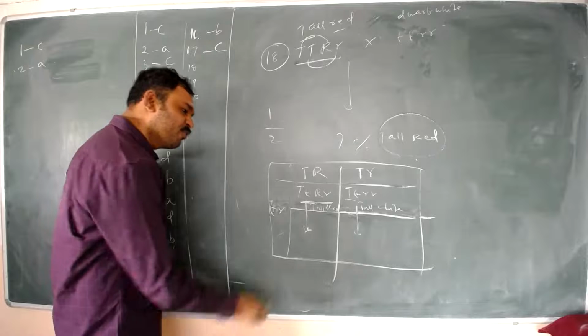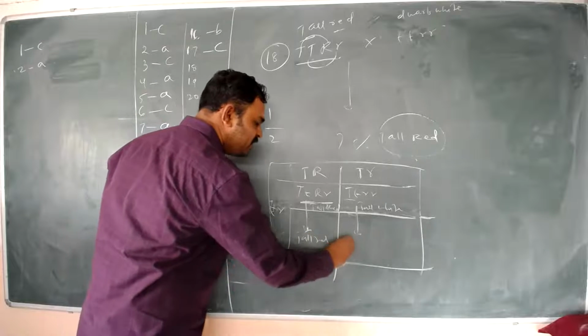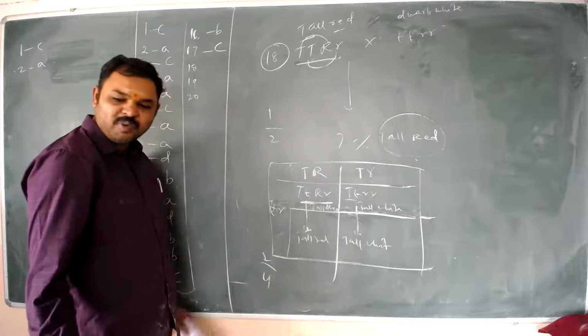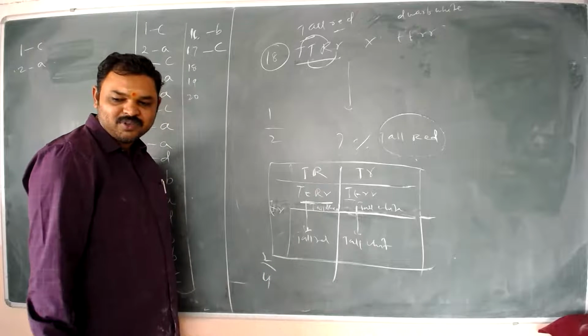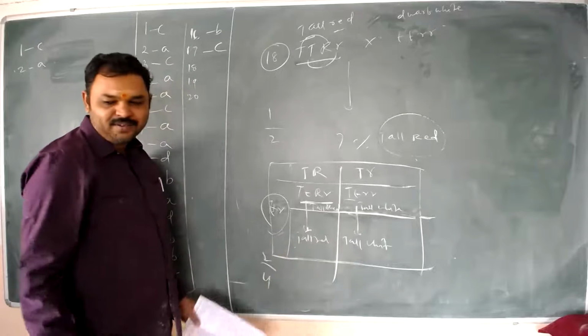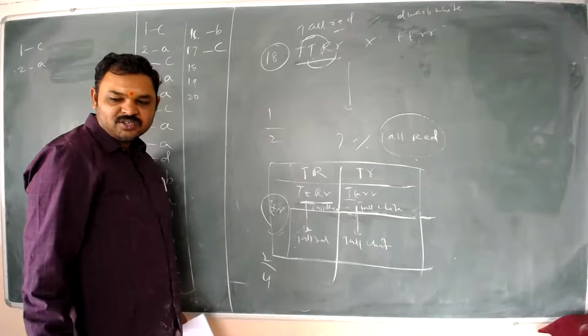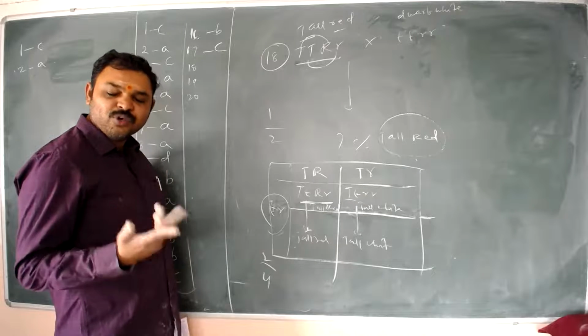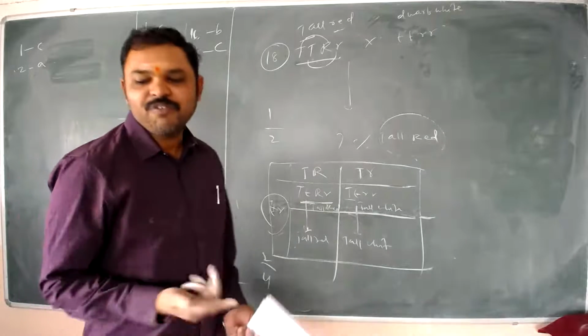If you count for four, this is also tall red, this is also tall white. So out of four, how many tall reds? Two. 2 by 4 or 1 by 2, the answer is the same. Because it is the same gamete, you can go for 4 or 2 clients here. Out of 2, 1. Out of 4, 2. So what is the percentage? 1 by 2 means 50%.